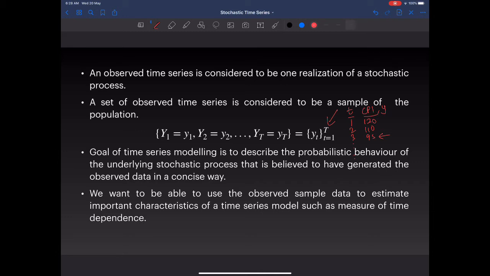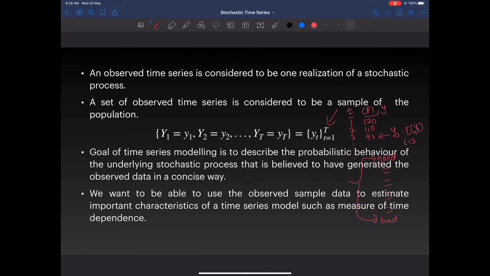So y3 is the realization at t equals 3, meaning that under a good economy or bad, we actually have several possible values here.